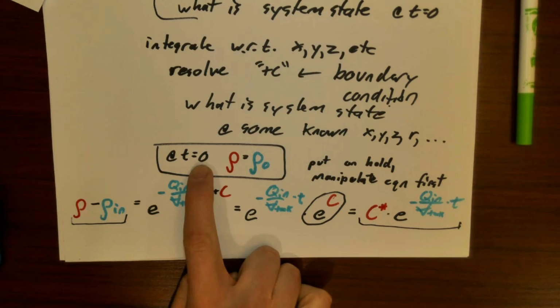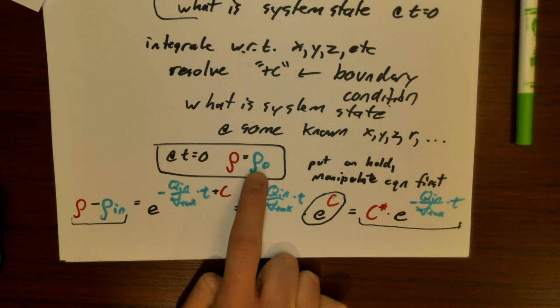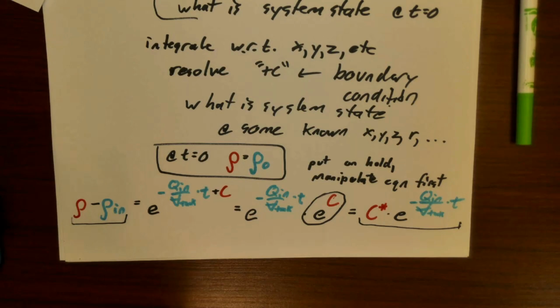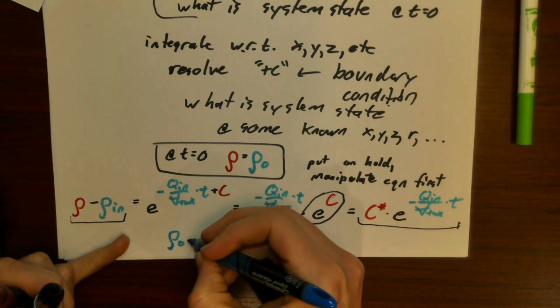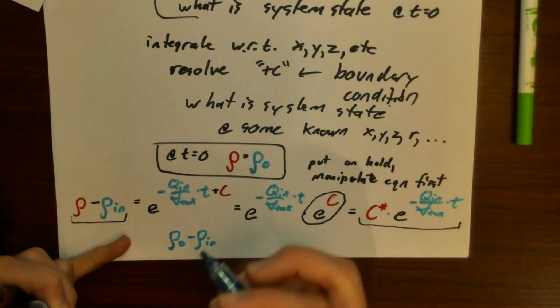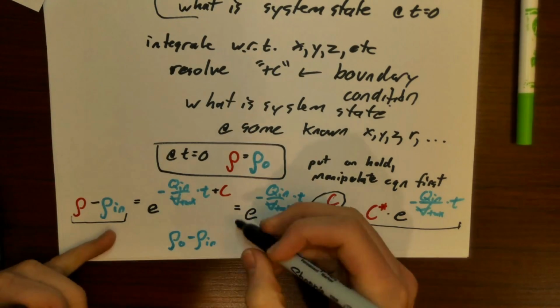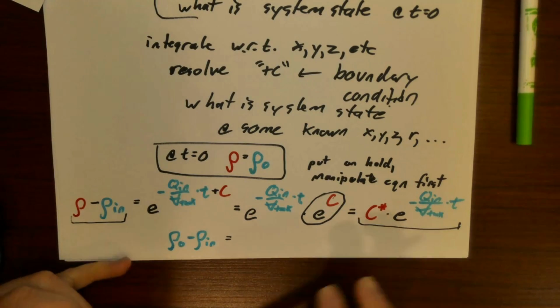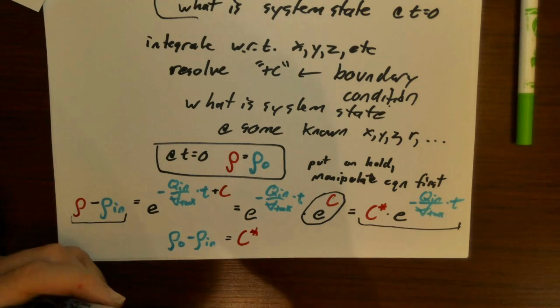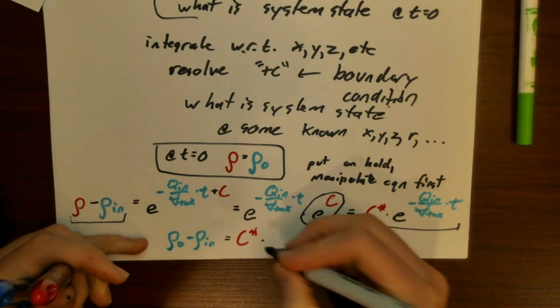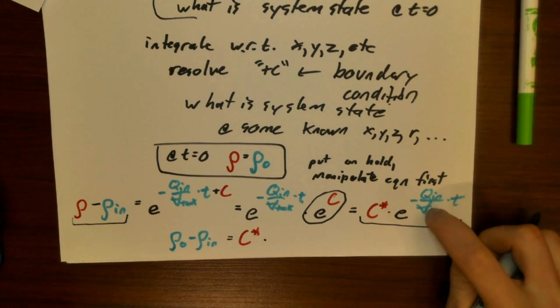So we can say, at time equals 0, rho is equal to rho naught. So what's that going to be? Well, we now have rho naught minus rho in is equal to c star times e to the minus qn over v tank times t.